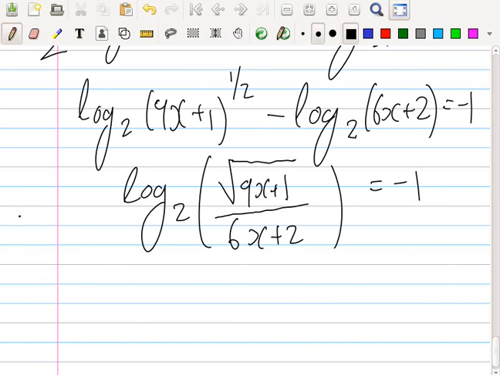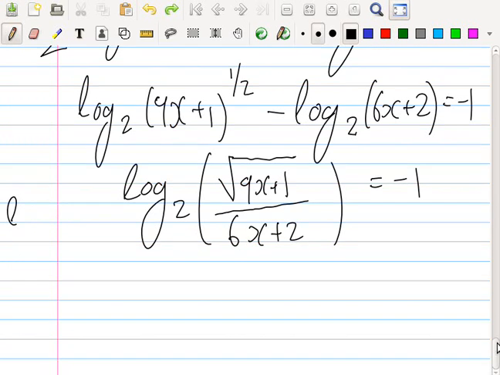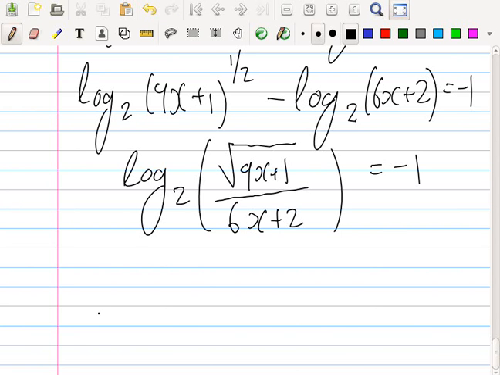You know, like log 2, 8, what does that equal? 3, because 2 to the power of 3 equals 8. So, by just using the definition of logs, you can say 2 to the power of minus 1 equals root 9x plus 1 all over 6x plus 2.